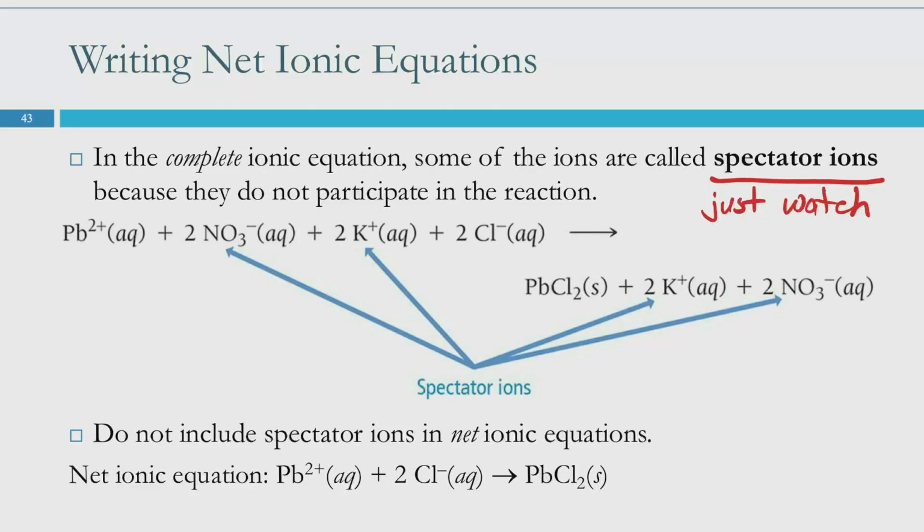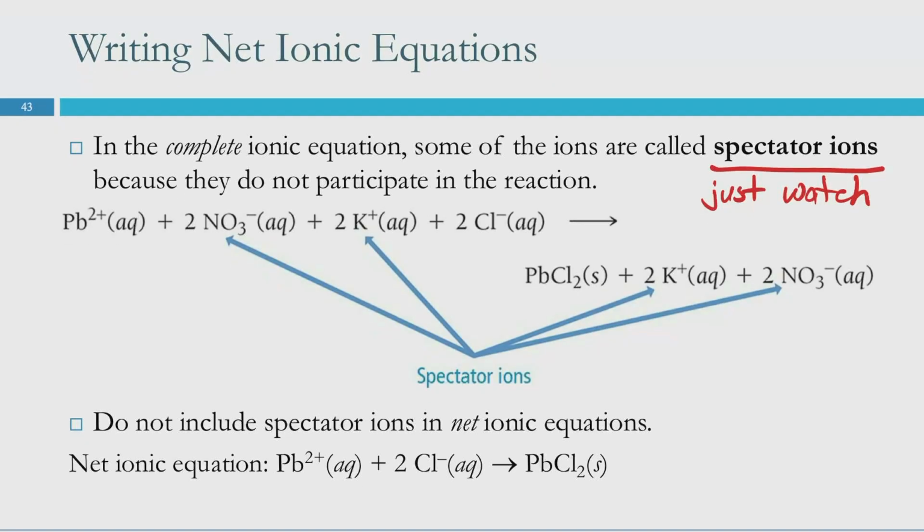Similar to spectators at a sporting event, if you remove all of the spectators, the people can still play the sport, as we saw a few years ago. Right? You can take all the fans out of the stadium and the athletes can still play the game. It's not as exciting, it's not as fun, but they're not the important part. The fans aren't the important part of the sporting match.